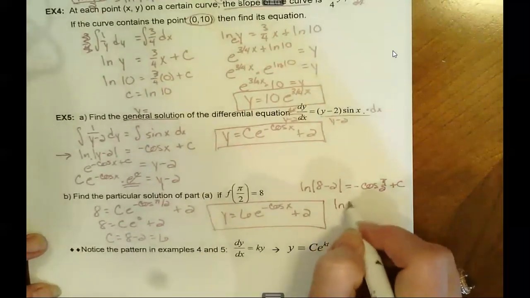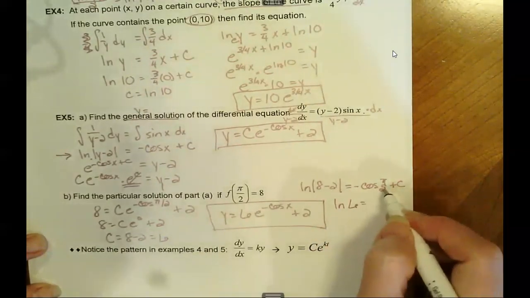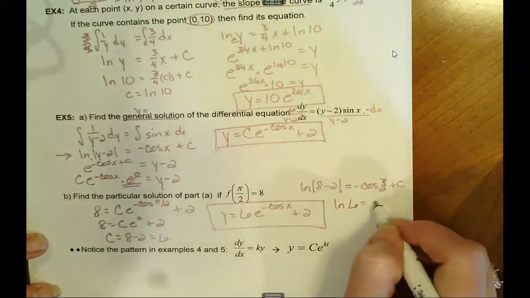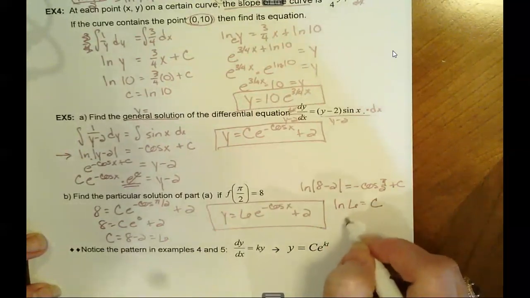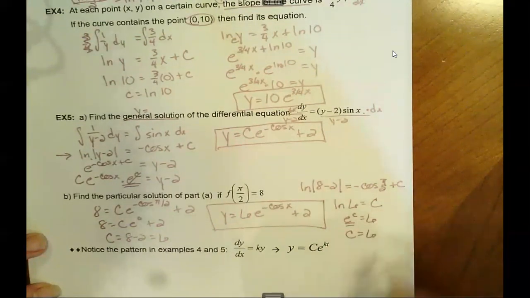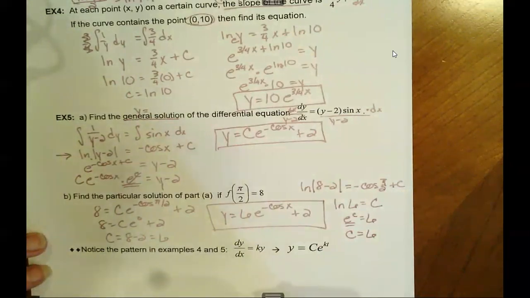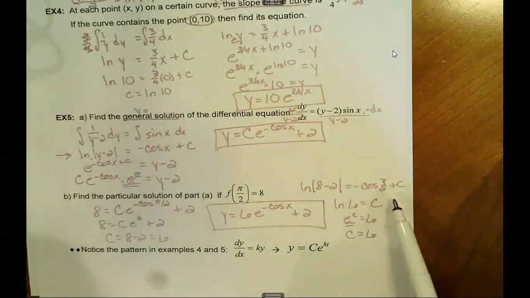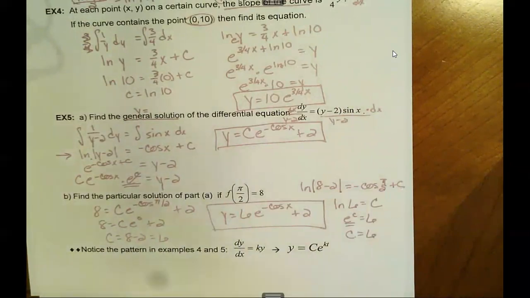Well, this would be ln of 6 equals, and cosine of pi halves was 0, so ln of 6 equals c. And then we could rearrange, e to the c equals 6, and we know that this is just a constant of 6. And so we'd have our 6 there on the end. So you could do that and still get the same answer, but don't forget that you would still have to go back and rearrange it, and then this separation would become multiplication. So I'm not sure that that's any easier, but I'm just throwing it out there as a possibility.